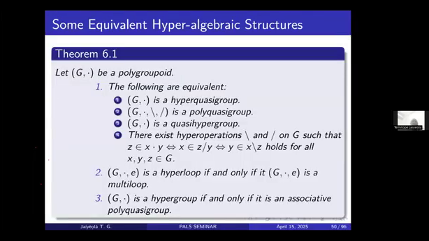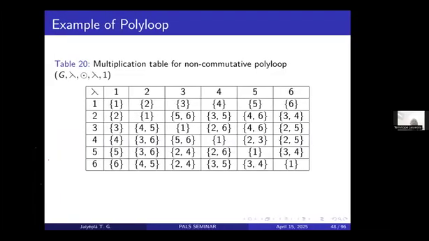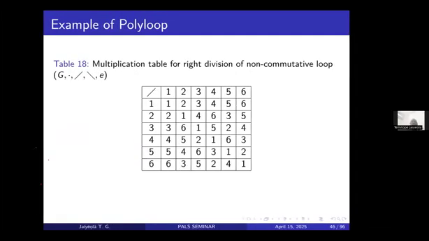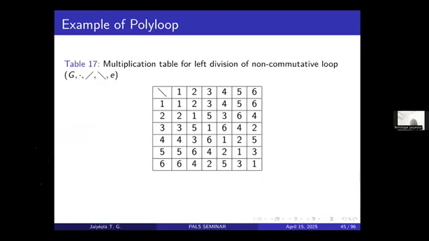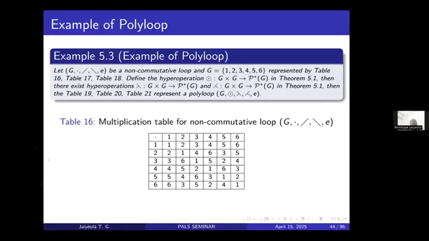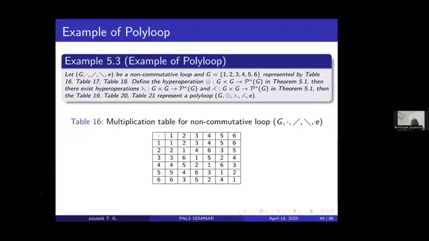In loop theory, for instance, it is well known that a finite binary system, a groupoid of this sort, forms a quasigroup because no entry repeats itself in any of the rows or columns. So this is a quasigroup.